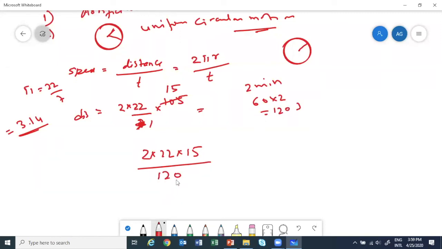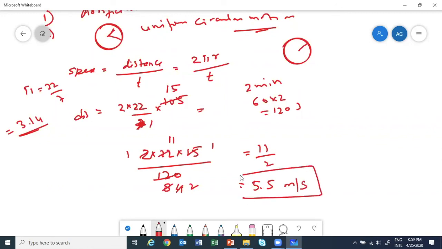So 120 seconds. 22 into 15 divided by 120 gives 11 by 2, and that is 5.5 meters per second.